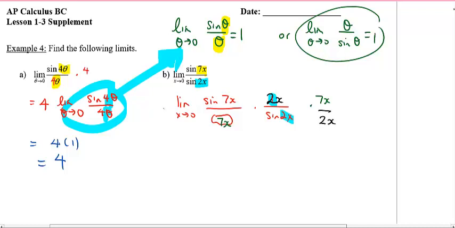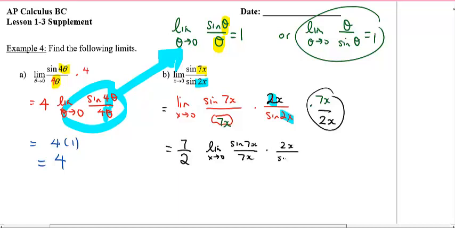So, for part B now. The 7x over 2x simplifies to 7 over 2. Now I have the limit of sine 7x over 7x times 2x over sine 2x. The limit of two things multiplied can be split up into two separate limits, and then I'll find the product of those two separately.